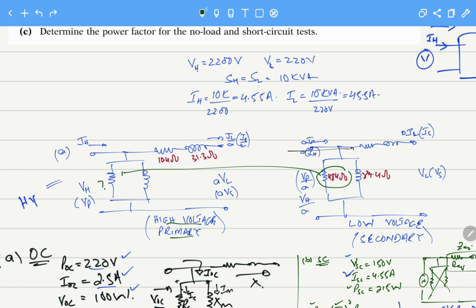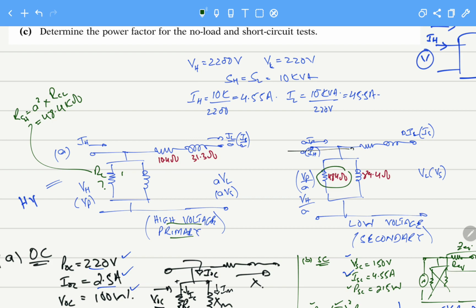Similarly, let's look, this RC will become a square into RC low, this is at low voltage, so this will become multiplied by a square, 48.4 kilo ohms.